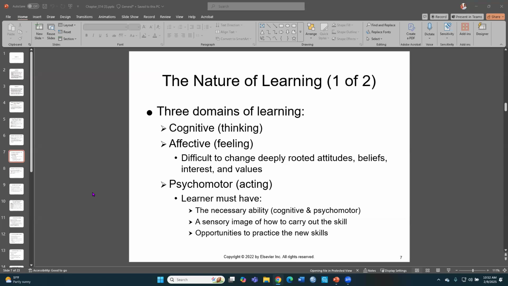And we have different domains of learning. We have our cognitive domain, that includes our memory, our recognition, understanding, reasoning, application, problem solving. The components of cognitive domain are knowledge, which requires a recall of learning.